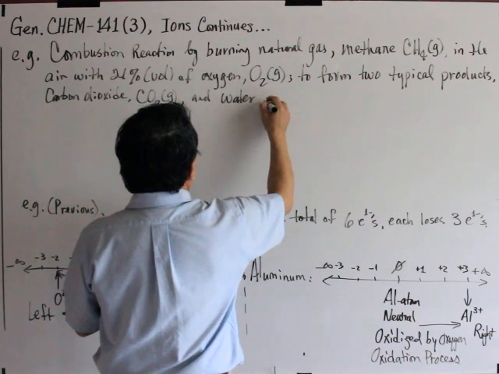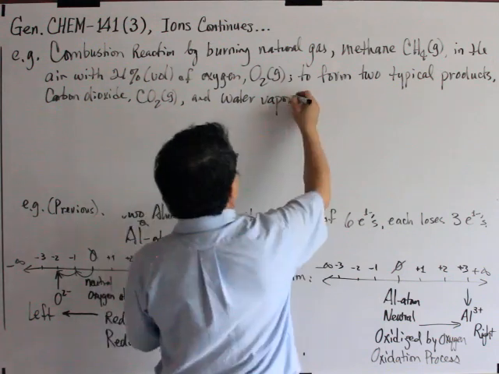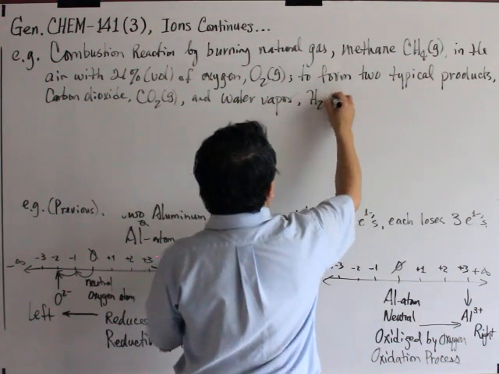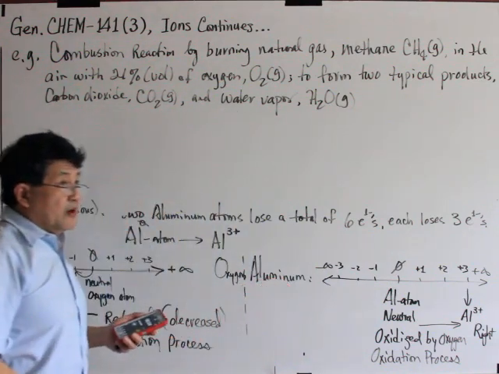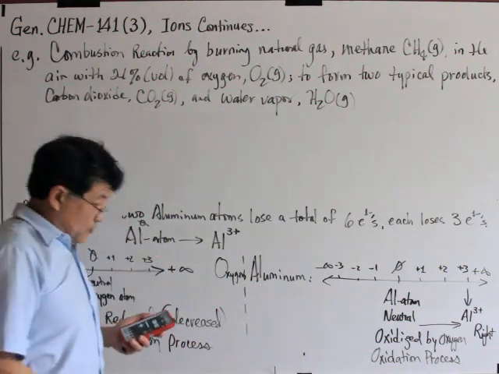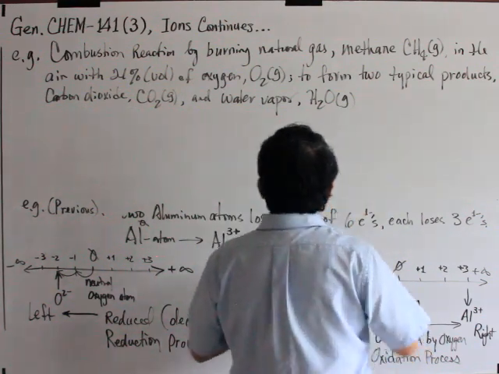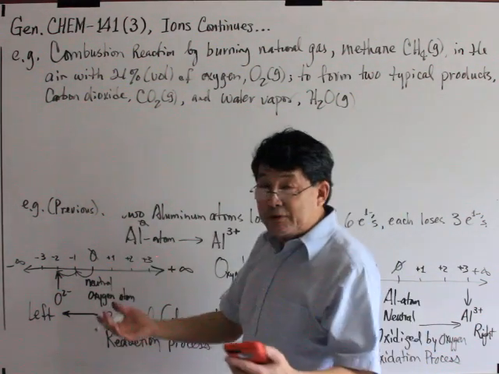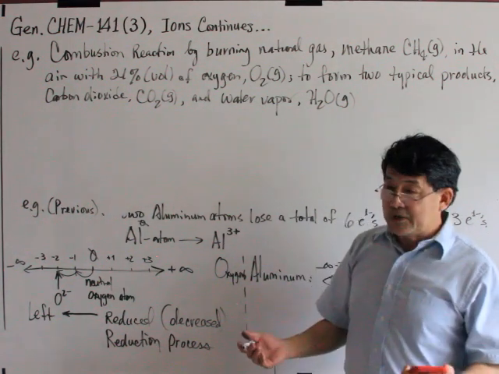Now, water vapor. Why is it not liquid water? Because that's where the physical state plays a very, very important role in understanding a chemical process. Because you're burning natural gas in the air with oxygen.